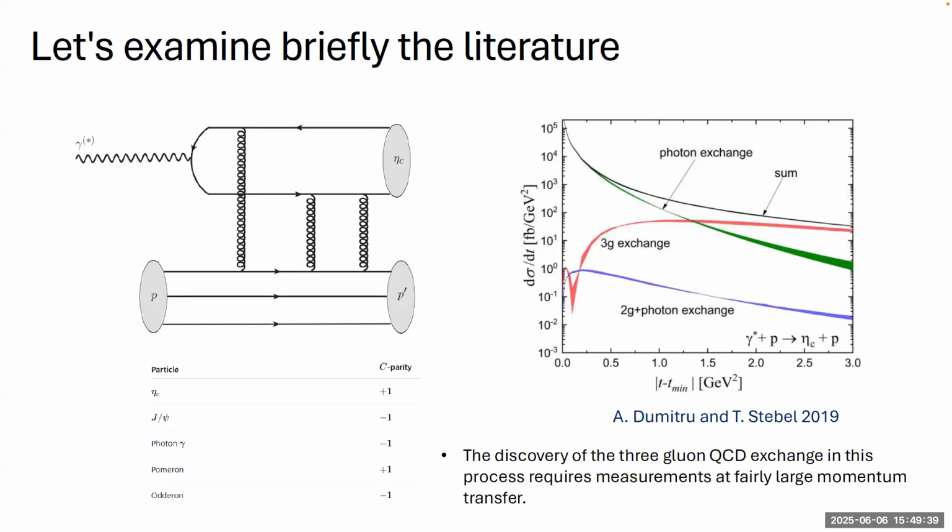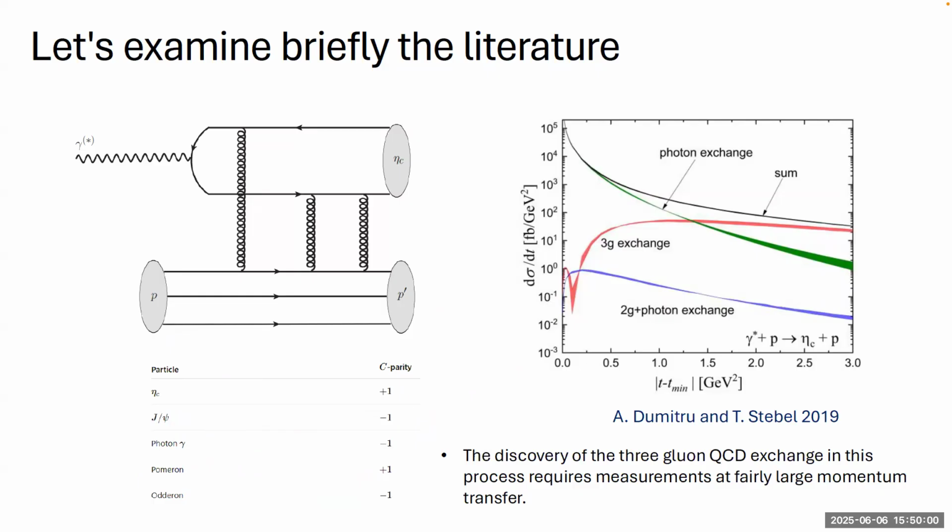Okay, let's examine briefly what happens with this process. Here I put the C parity of this meson, the eta C meson, which is +1. The J/psi meson is -1. The photon is -1. The Pomeron is +1. And the Odderon is -1.